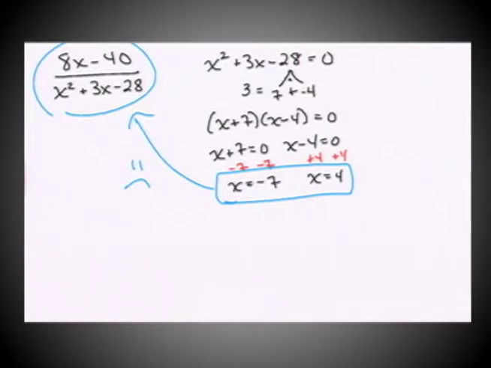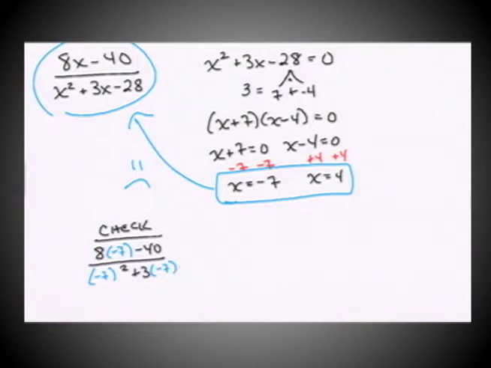And I'll just show you real quick. If we take negative 7 and plug it into this expression, so 8 times negative 7 minus 40 in my numerator over negative 7 squared plus 3 times negative 7 minus 28, you'll get in the numerator negative 56 minus 40 over, well, negative 7 squared is 49.